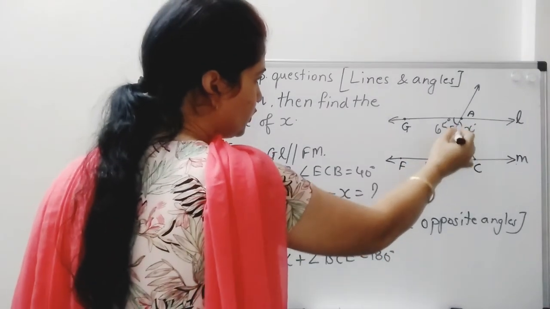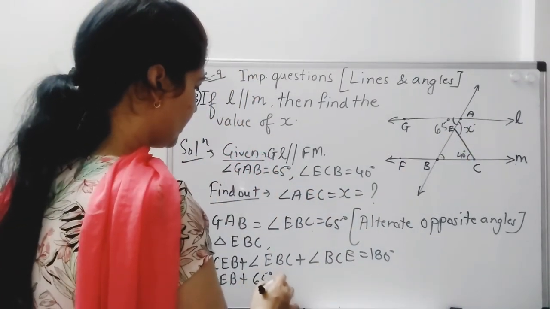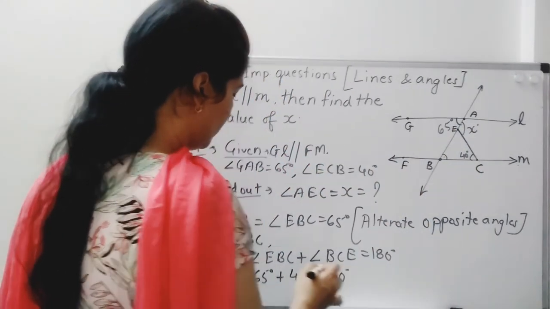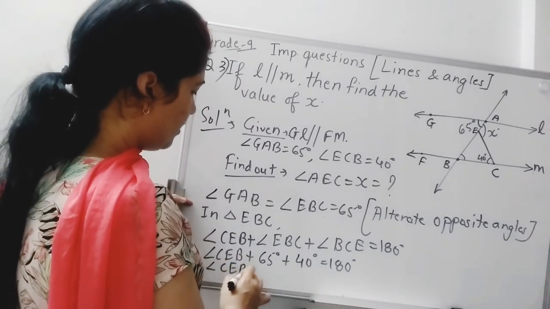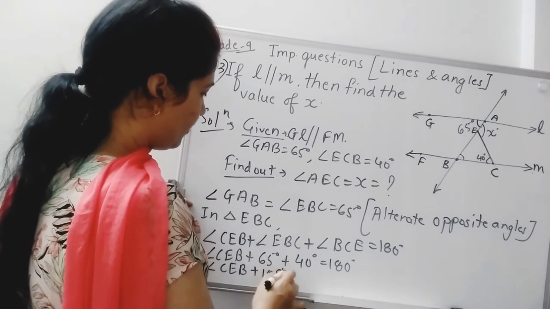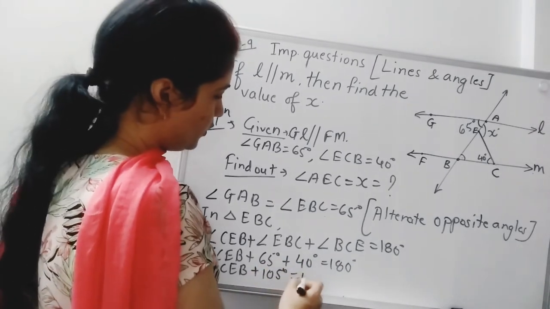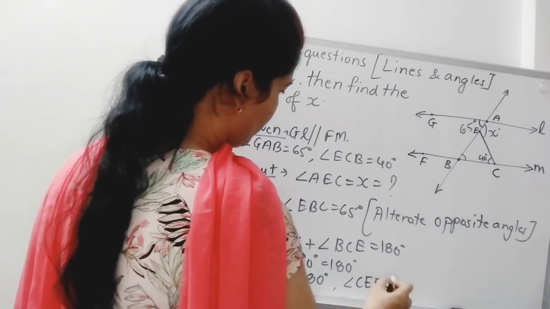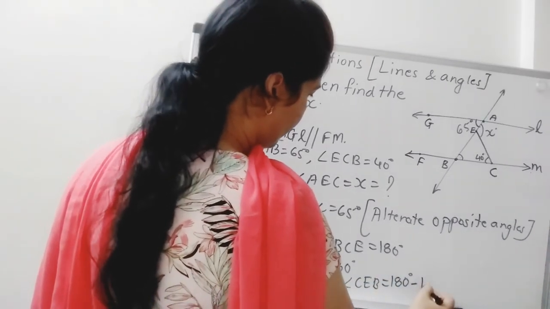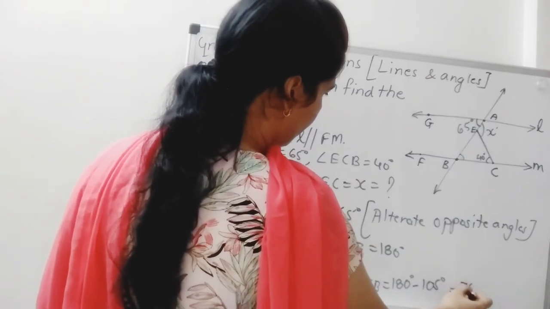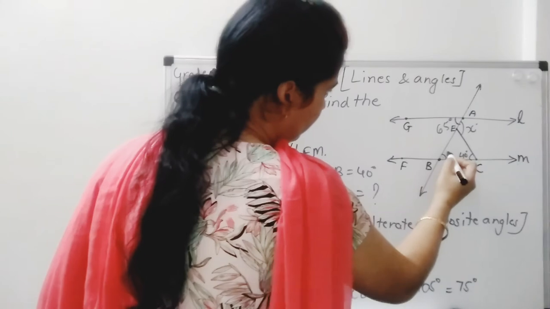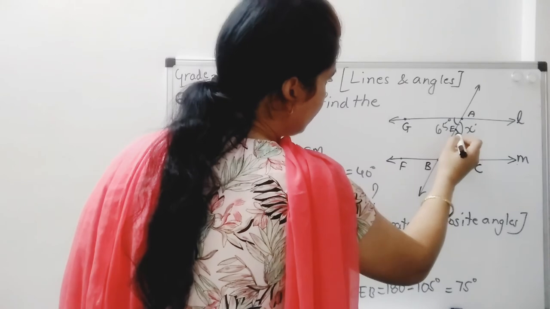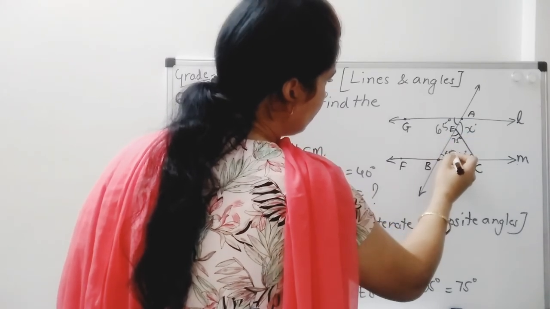EBC means this angle is also 65 and BCE is given 40 degree, is equal to 180. So angle CEB plus 105 degree, 65 plus 40 will be 105, is equal to 180. So angle CEB will be 180 minus 105, means 75. Okay, so this angle will be 75 degree. Sorry, not this. This angle is 75. This is 65.